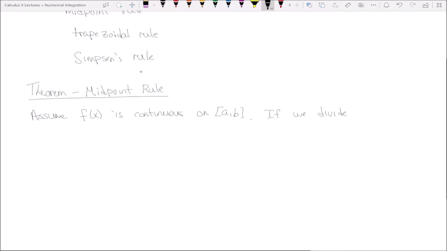We then divide [a, b] into n subintervals of equal length. Call them delta x, which is (b minus a) over n.